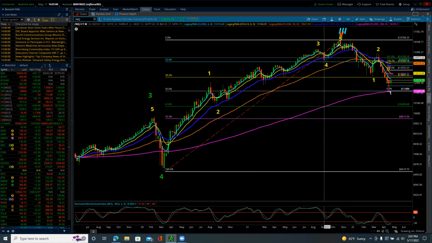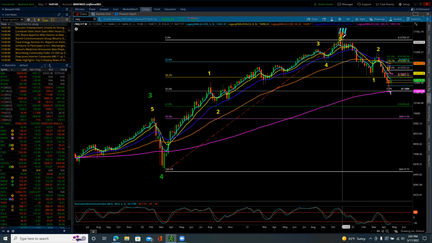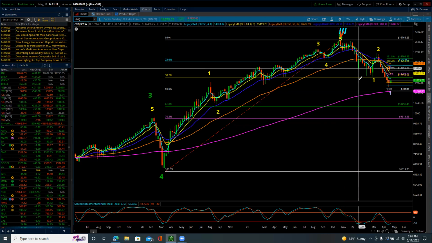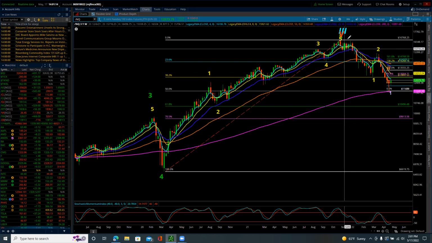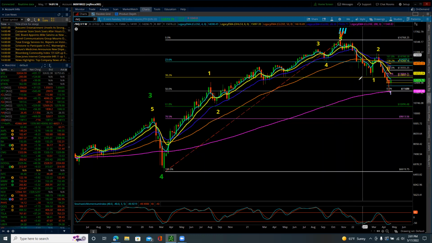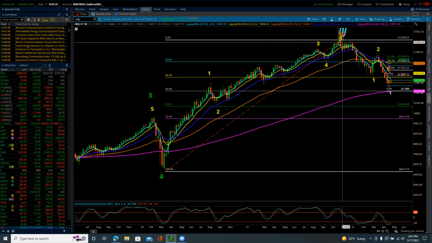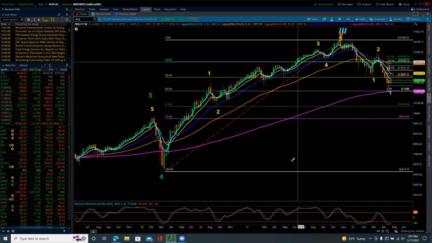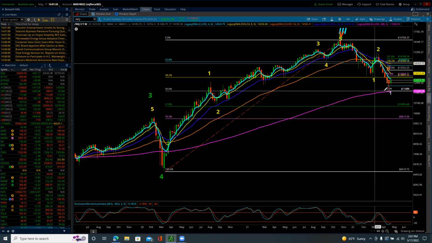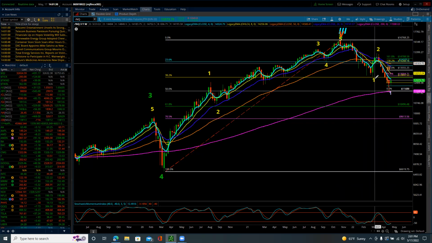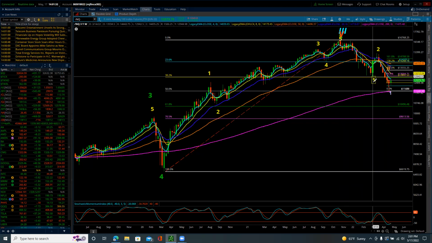So for this last move up, which was a primary degree fifth wave, from that level I am now counting the first leg down for at least a primary degree corrective decline. And so the A wave is what I'm looking at right now. The way I'm counting the A wave is coming down to an intermediate degree level, which I put there. That's where that all kicked in.